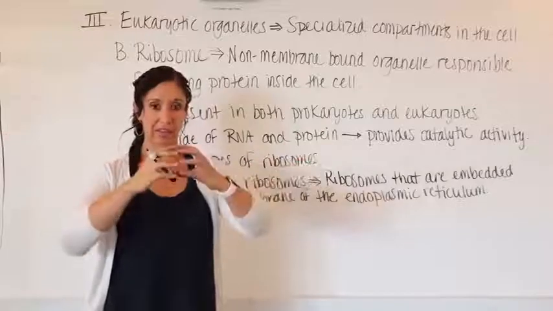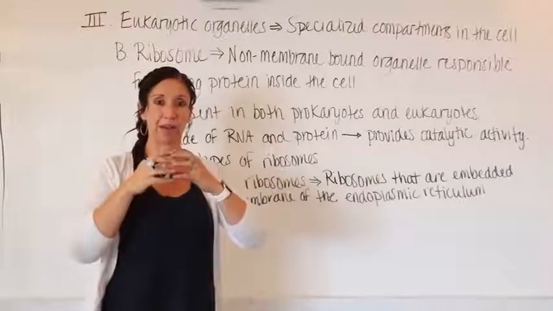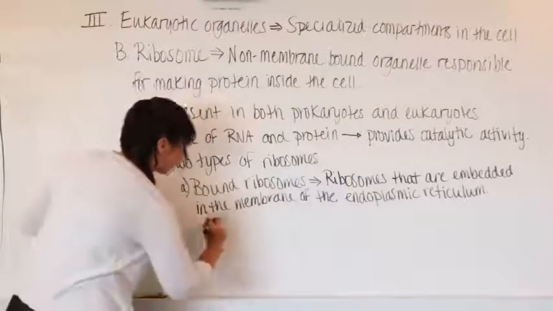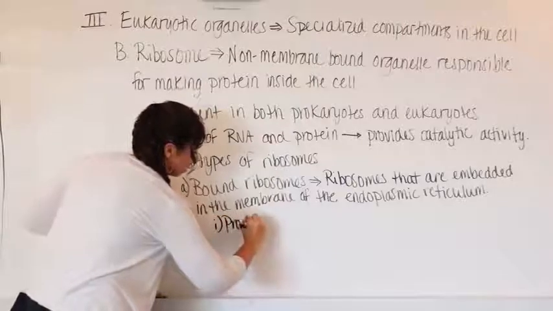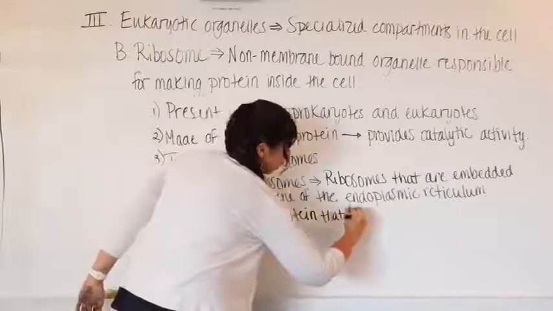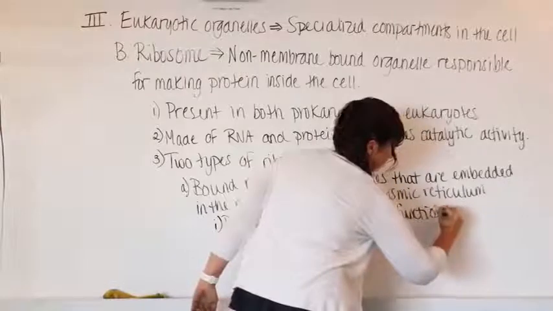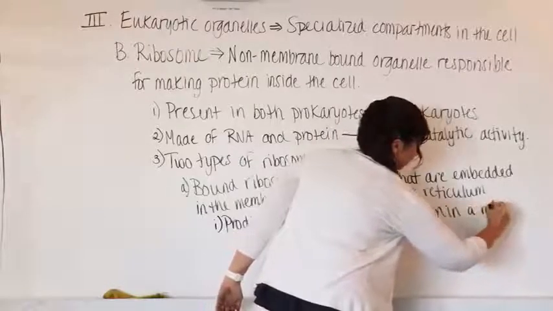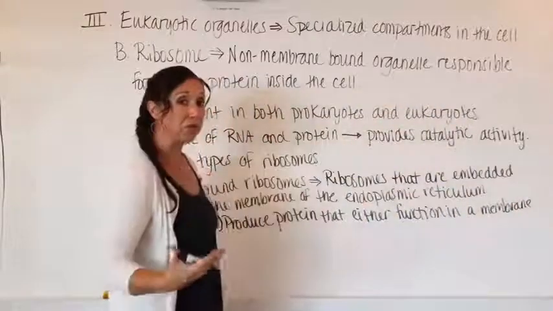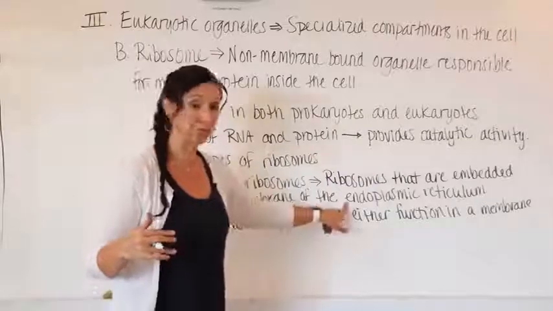So if I'm a cell and I need my protein out because it needs to go talk to another cell, I'm going to make that protein from a bound ribosome. So these guys produce proteins that either function in a membrane, because that membrane can be anything from the nuclear envelope membrane to the cell membrane to even the endoplasmic reticulum membrane.